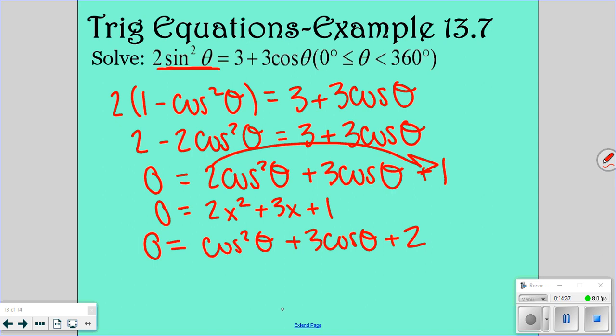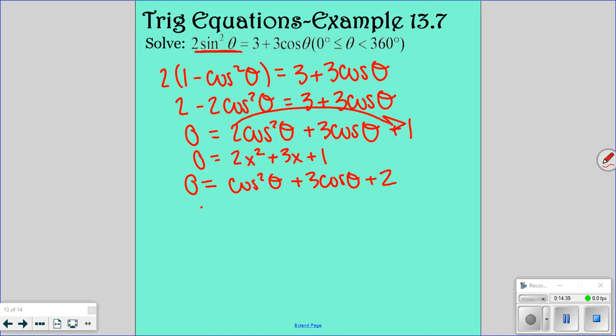And then if you factor it, we're going to have cosine of theta, cosine of theta, and you're going to have plus 2 and plus 1. And then we're going to replace the number we took out, which was a 2. And then this one doesn't reduce, but this last one does.